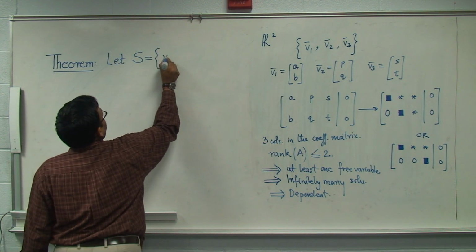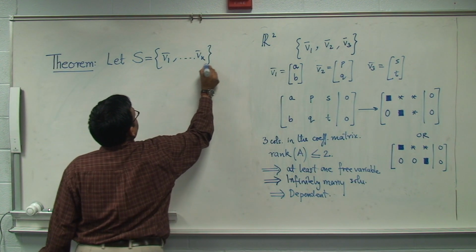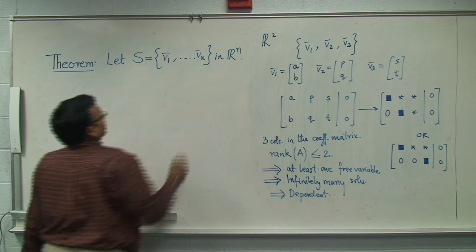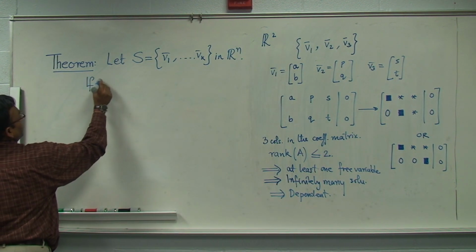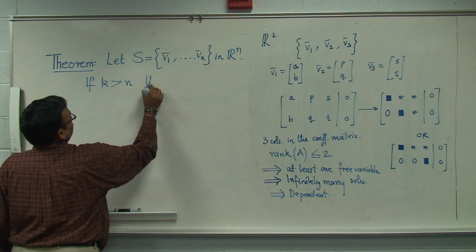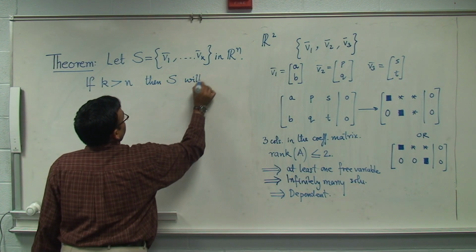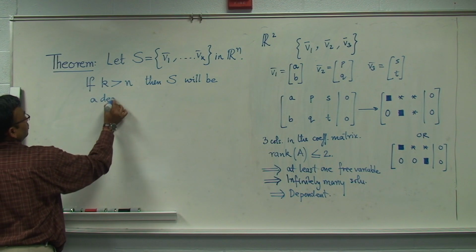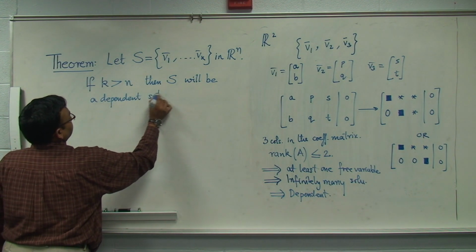So I have k vectors inside the space, let us say Rn. If k is bigger than n, then S will be a dependent set.